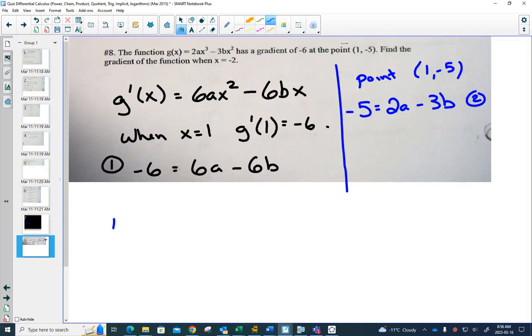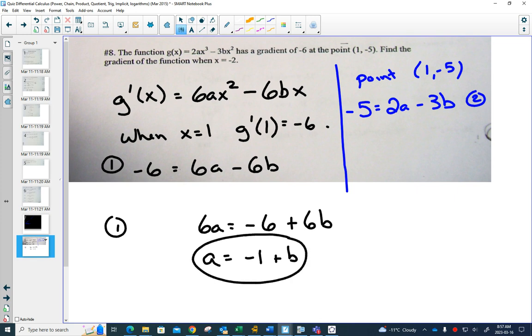I can get the 6a by itself by moving the 6b to the other side. I can get a by itself by dividing everything by 6, and I get a is equal to -1 plus b.